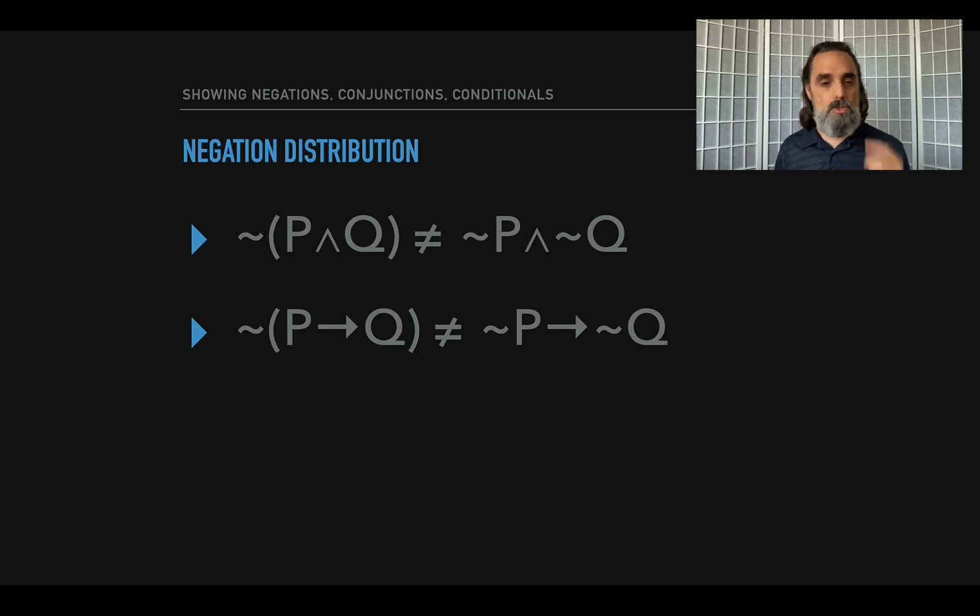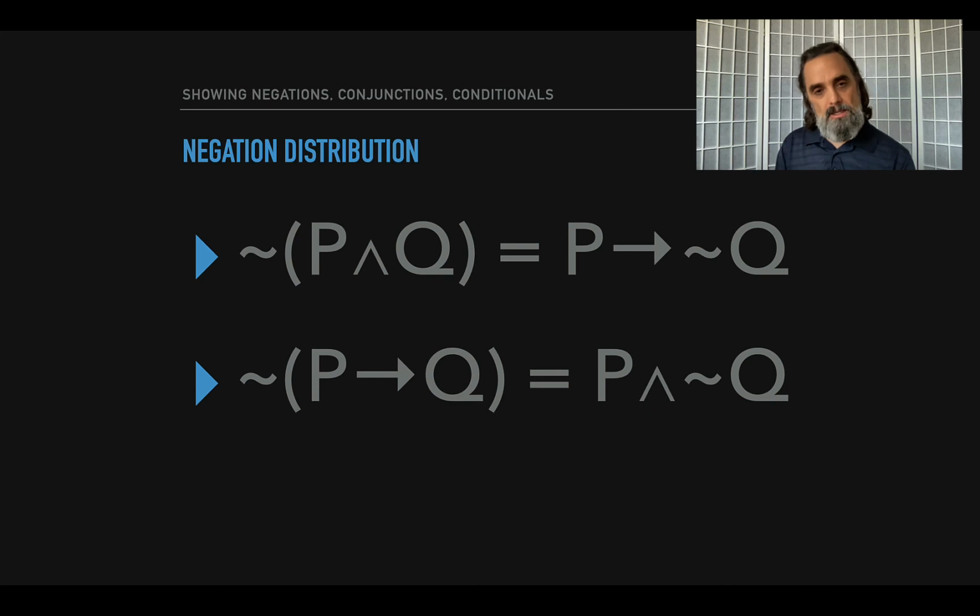The same thing is true in logic with the conjunction and the conditional. In particular, you might think, oh, I'll just move the negations in. And we've seen that you can't do that with the conjunction, and it also isn't true with the conditional. So how do we move the negation inside of a conjunction or inside of a conditional?